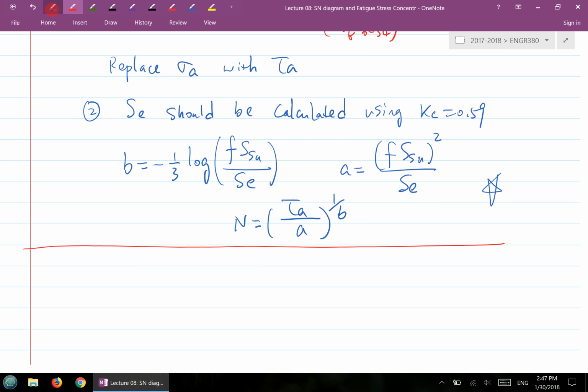Okay, so let's continue from here. Before we look at an example, there's one more topic here, which is fatigue stress concentration.